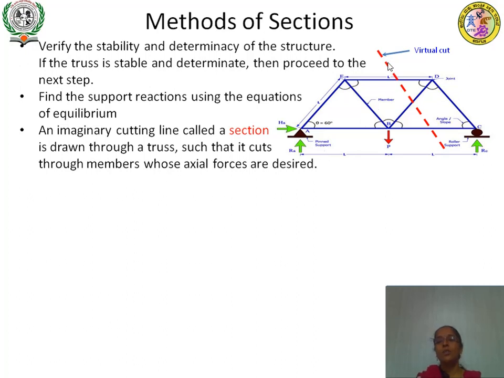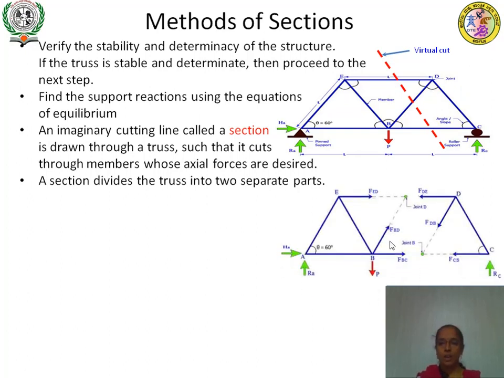Depending upon the members where you need the member forces, you pass a cut. This section divides the given truss into two parts, the left part and the right part. This is what we call the free body diagram of the left part and the right part.